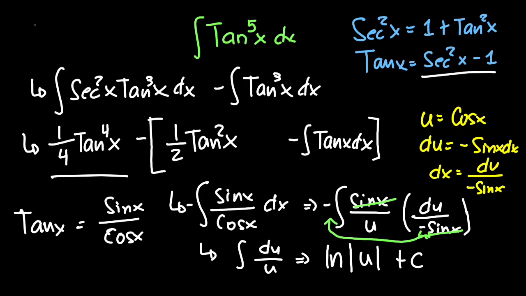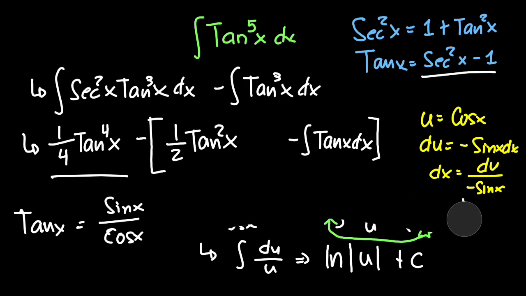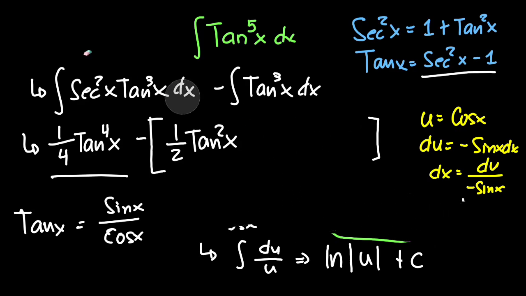Know that the original formula would be the integral of dx over x, which is equal to the natural log of the absolute value of x plus c. Now that we have our answer for the integral of tangent of x, it's not exactly the final answer because you need to put u back into its original form, and so the answer here would be negative ln of the absolute value of cosine of x plus c.